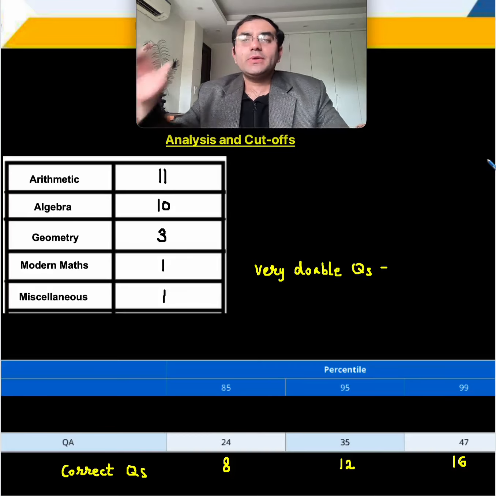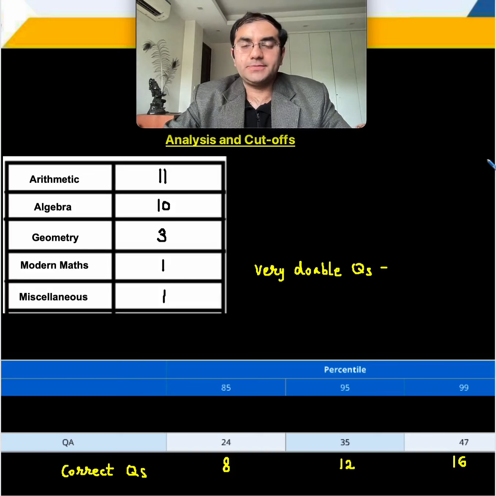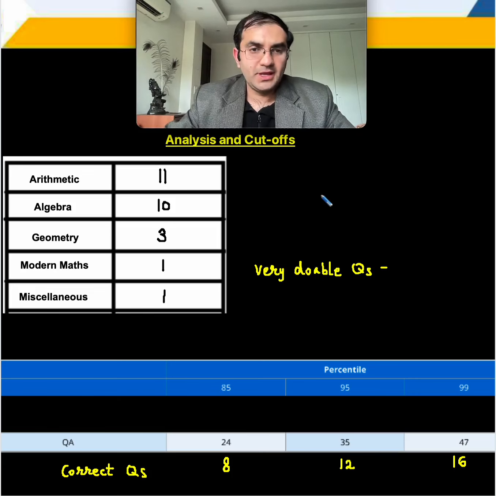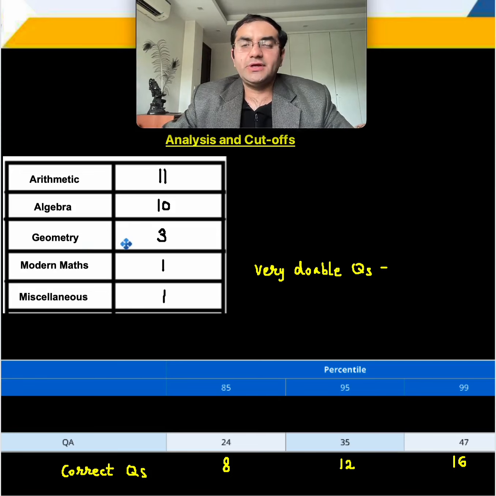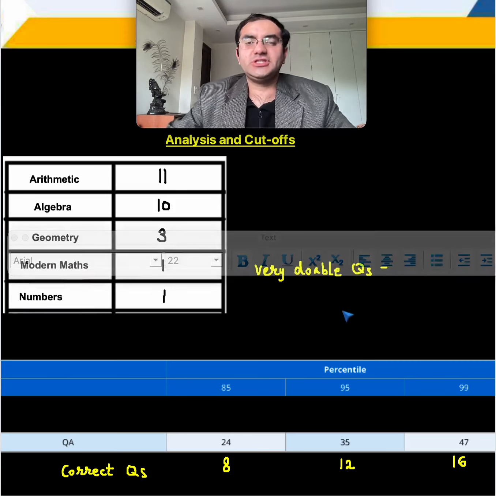So now when we come to the analysis and cutoffs for the evening slot, we observe that again the paper was very heavy on arithmetic and algebra, where you had 11 questions in arithmetic, 10 in algebra. 3 questions were from geometry, 2D, 3D, coordinate geometry, mensuration, etc. There was one P&C question, and there was one question from the chapter on numbers.